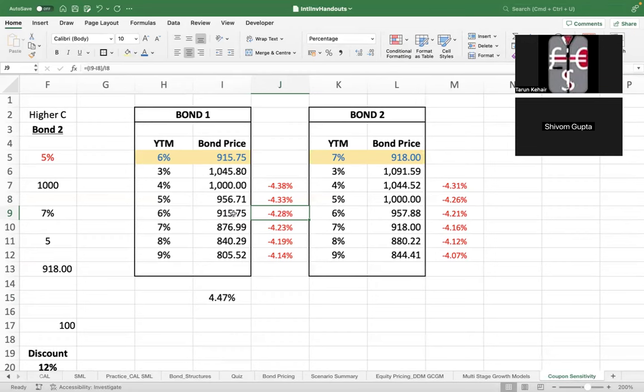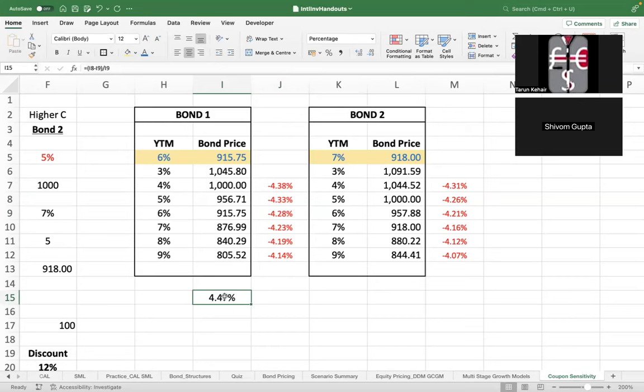Did you understand? So here, when the yield fell from 6% to 5%, the bond price jumped from 915 to 956. So this rise is 4.47%. The rise in price because of a drop in yield will be higher than the drop in price because of the increase in yield, and that's what causes the convexity in the bond.